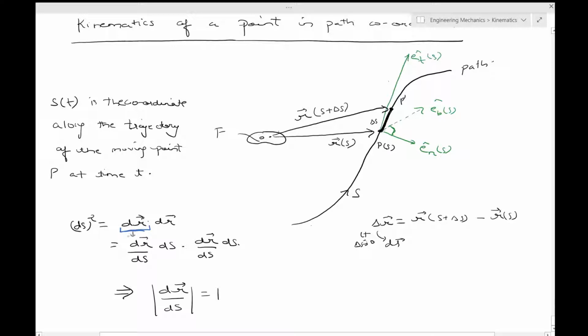Again, it's not a division or multiplication by ds, so I hope this concept is clear.